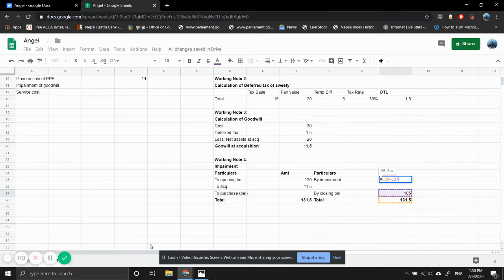This minus this, 26.5. So what was all this impairment associated with? Impairment of goodwill.